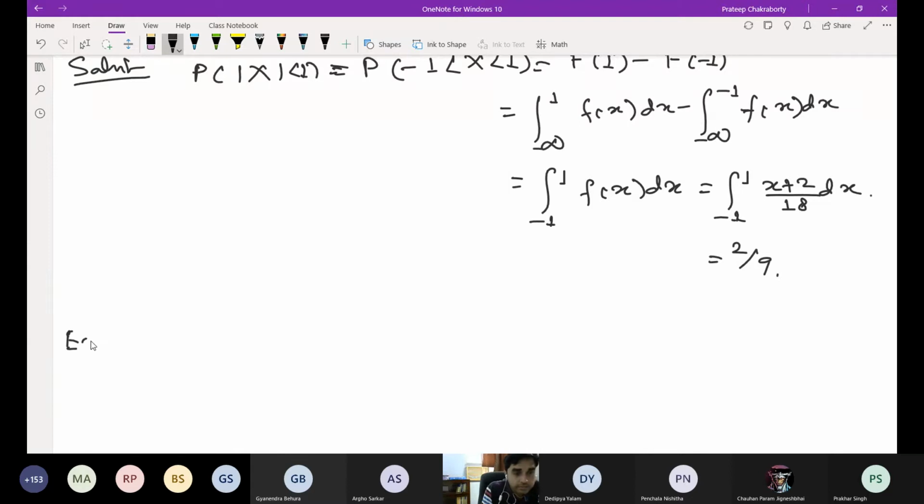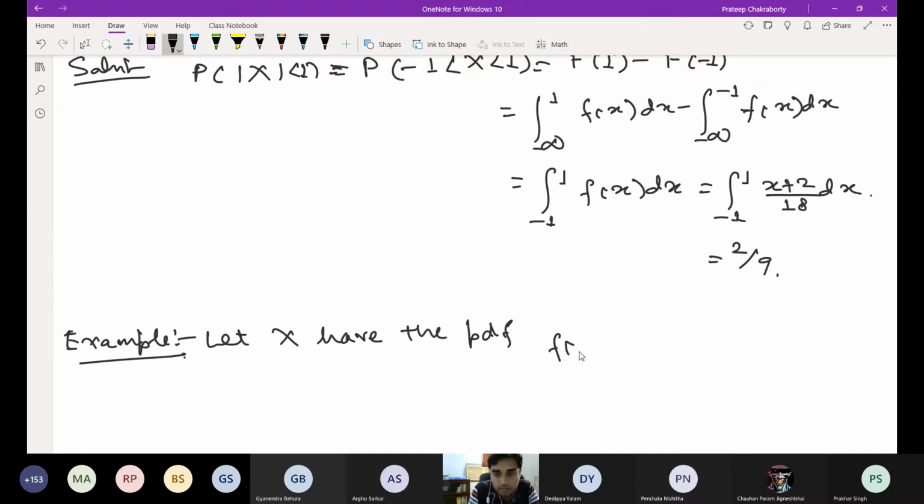Now another example. Let x have the PDF f of x equal to 2x if 0 less than or equal to x less than 1, and equal to 0 elsewhere.